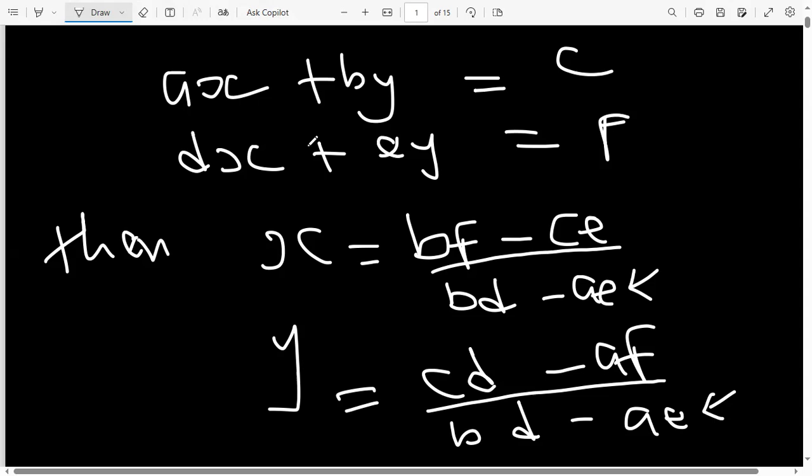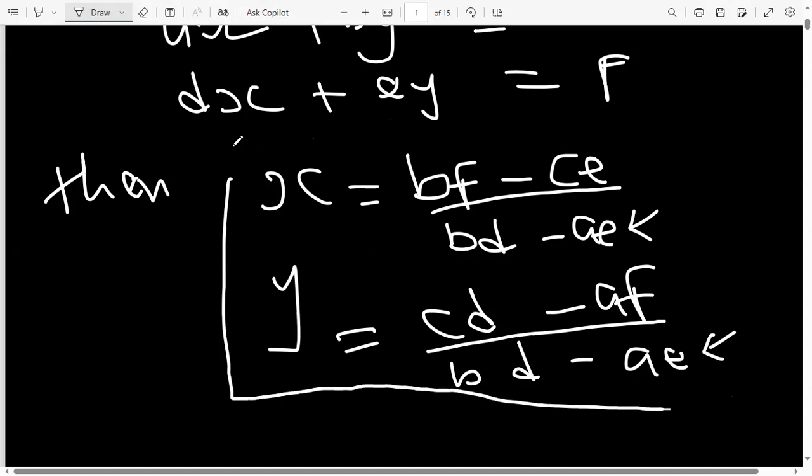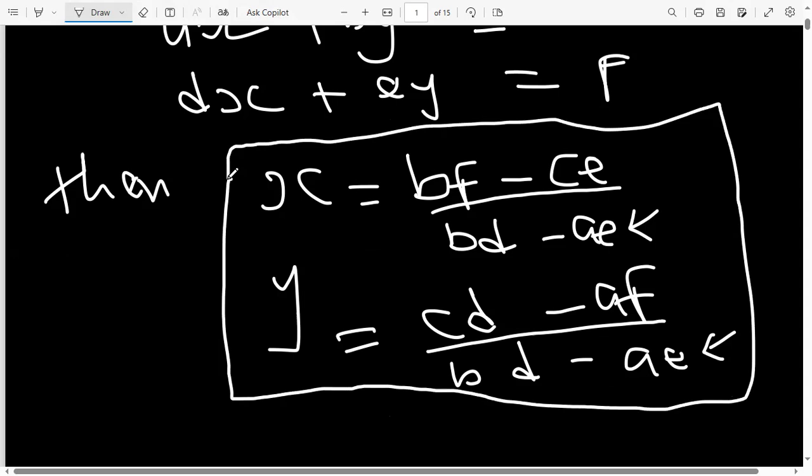For y, we multiply c by d, and then subtract a multiplied by f. This is a technique that you can use to find the values of x and y when you're given a system of equations in two variables.